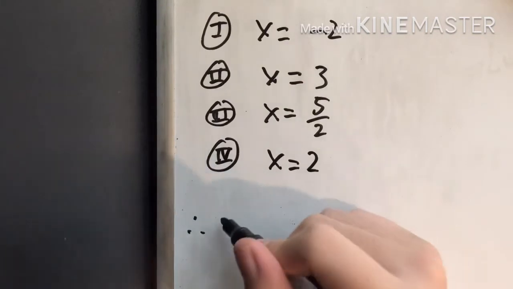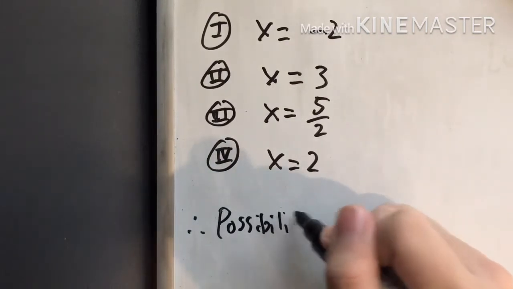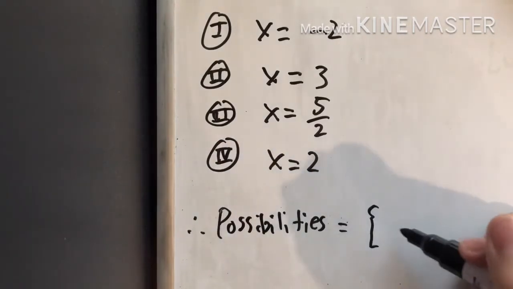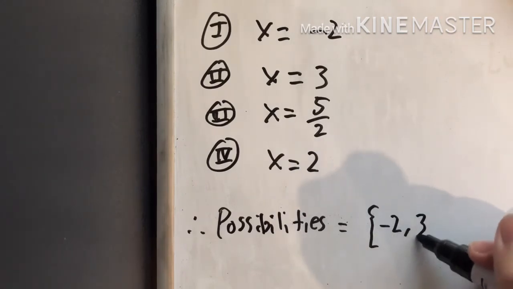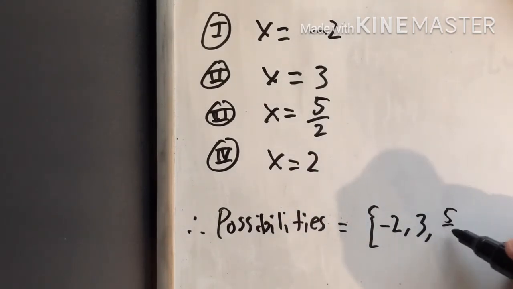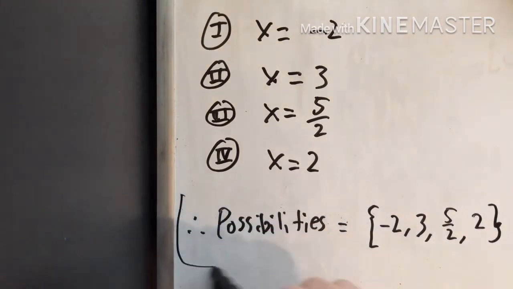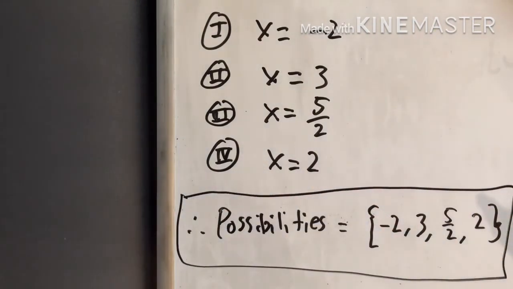So the possibilities of x in this equation are negative 2, 3, 5 over 2, and 2. And that is all the possibilities of x in the equation.